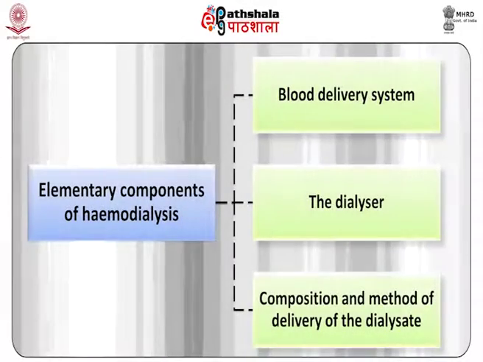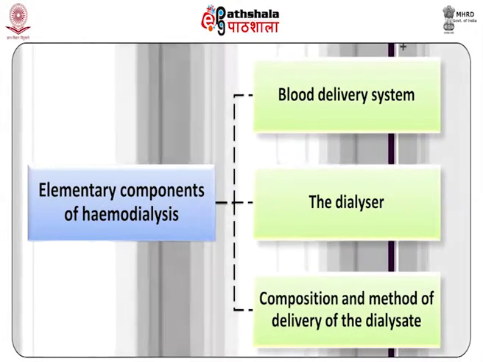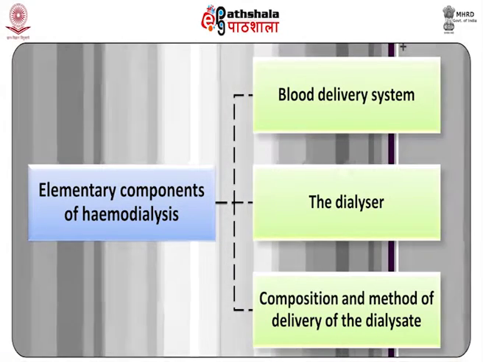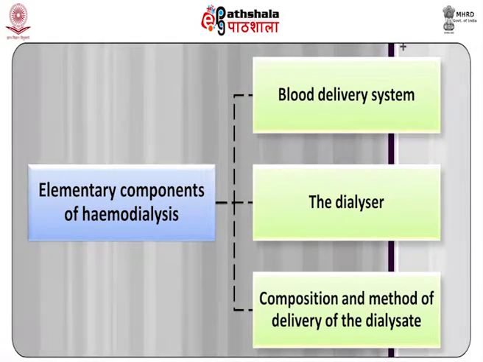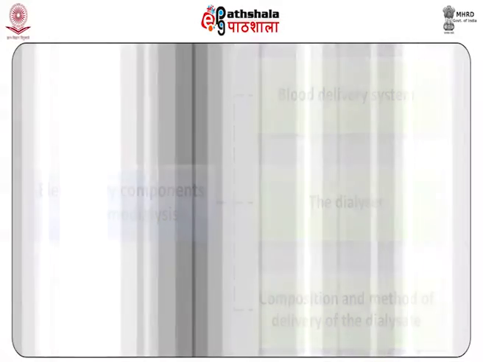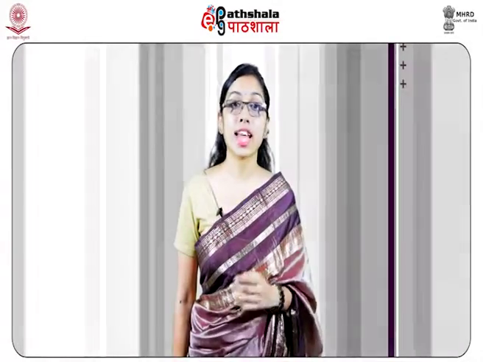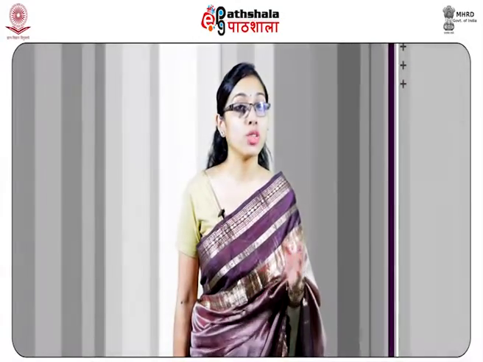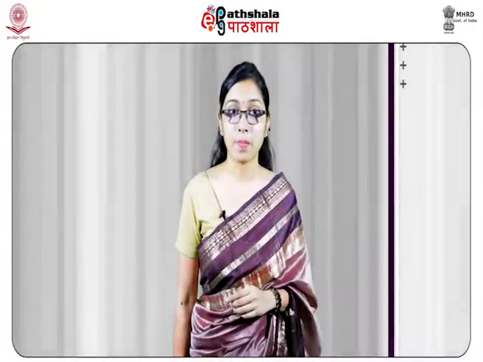The three elementary components of hemodialysis are the blood delivery system, the dialyzer itself, and the composition and method of delivery of the dialysate. For acute hemodialysis, catheters are generally placed in the femoral vein and passed into the inferior vena cava.